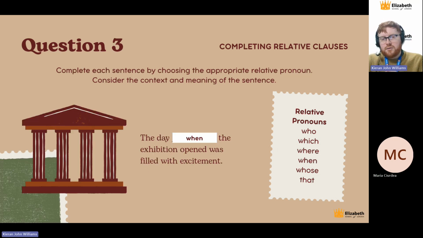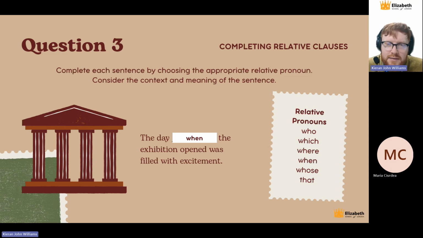Right, on to number 3. So tell me what you think is the answer here. I think it's which. I would say maybe focus here.